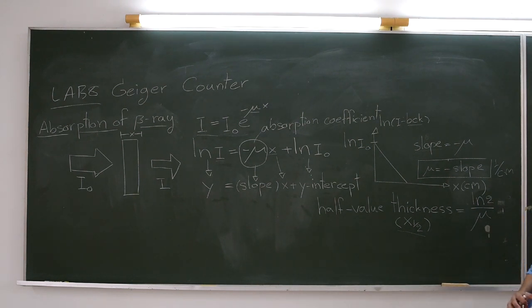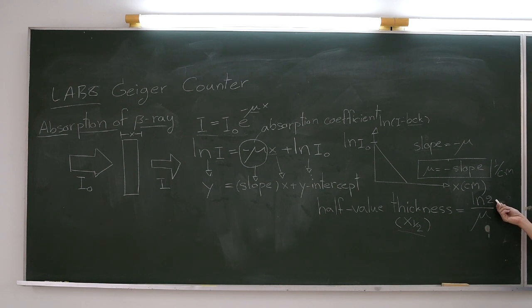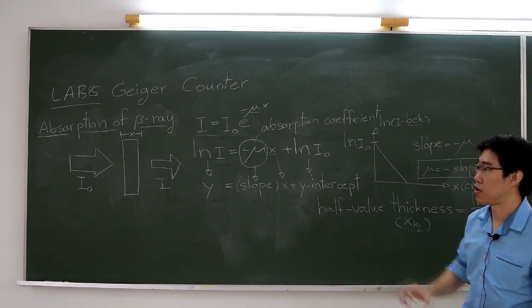And we can determine this value by using the natural log 2 over the mu, or the attenuation coefficient. The value of the attenuation coefficient comes from the slope of the graph, and this value is the characteristic of the material to absorb or attenuate the radiation.